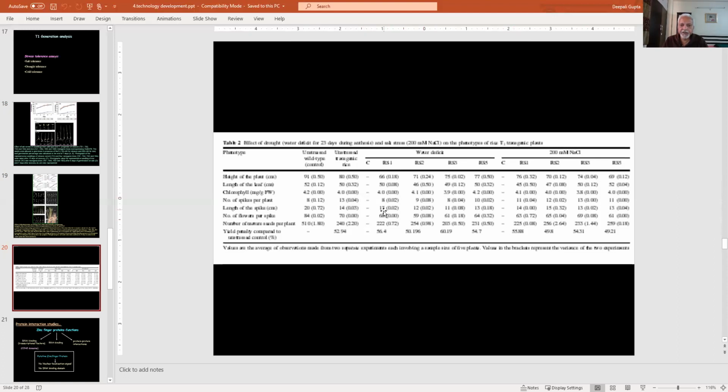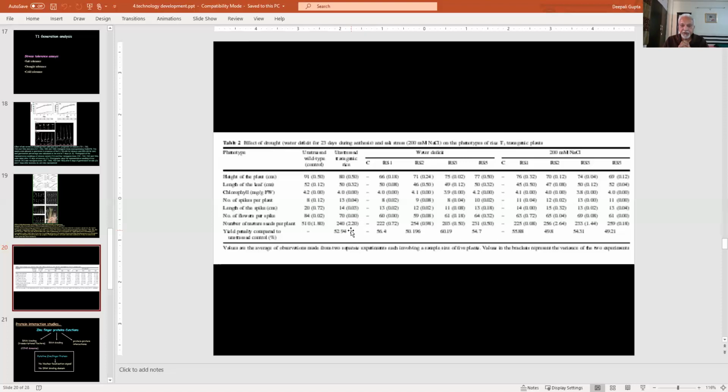If you see here, transgenic lines under stress maintain the same level of yield as compared to the transgenic line growing under normal conditions. It shows only a 50% penalty, which was observed here under both these stress conditions, indicating that the overexpression of this gene is protecting the plants against both stresses, salinity and drought.